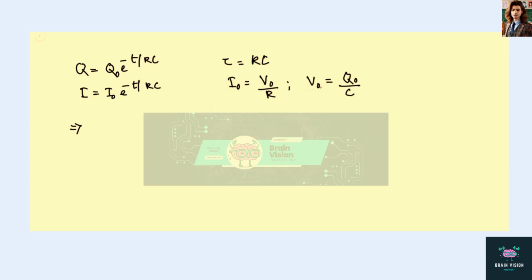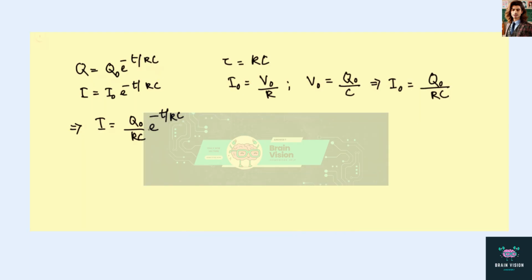So we combine these two equations and we get I naught to be equal to Q naught over RC, and then we plug this expression of I naught over here to get the current, which comes out to be equal to Q naught over RC times e to the power minus t over RC.